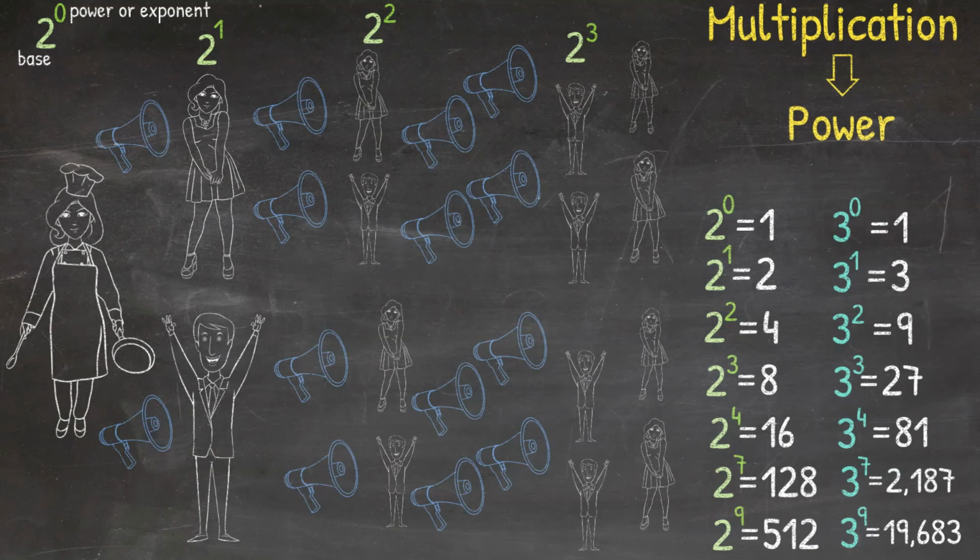And at the 7th level, it goes out of control, because in 7 stages, it reaches 2,187 followers. And 2 more steps, and we're almost hitting on 20,000 followers.